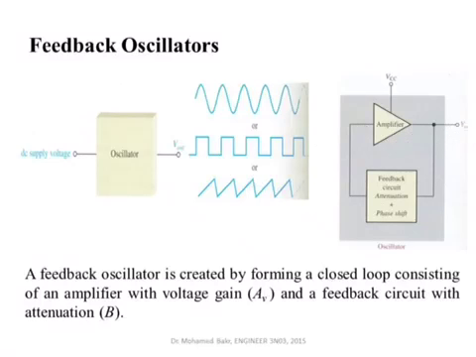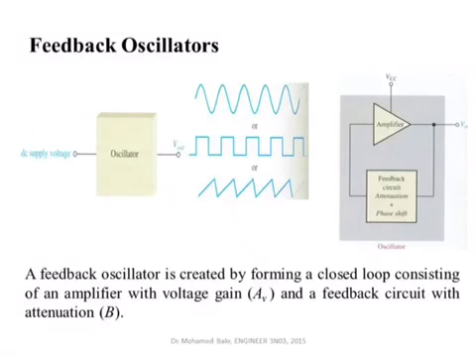In other words, the input will create the output, and the output, after being attenuated, creates the input. This is the whole idea of creating an oscillator. Usually this feedback network, which changes the amplitude of the output signal and also changes its phase, is frequency selective. So by doing so, we can have a sinusoidal oscillation created by this amplifier at a specific frequency.